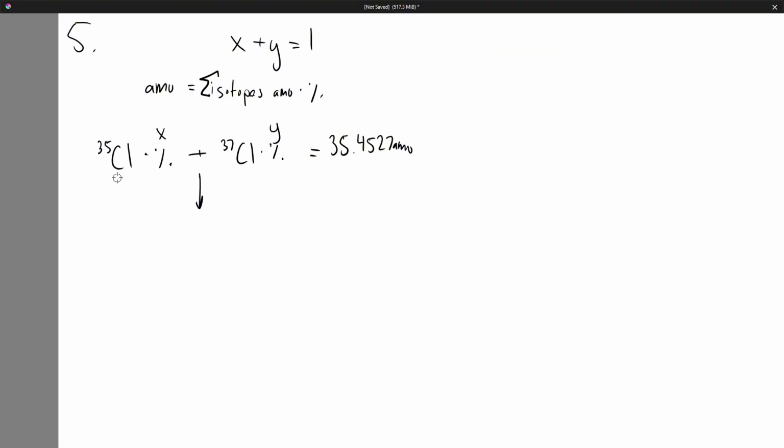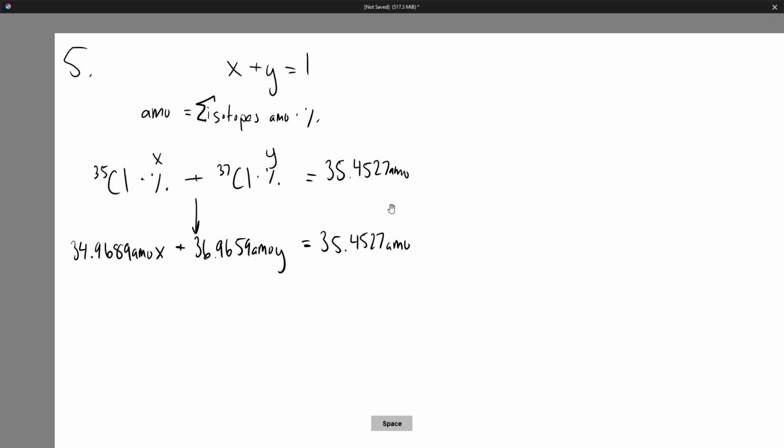So we bring it down, we put the masses here, and we put the x's as the percentages instead. For 35, it's 34.9689 amu x, plus the mass of 37, which is 36.9659 amu y, and that equals the mass of chlorine.